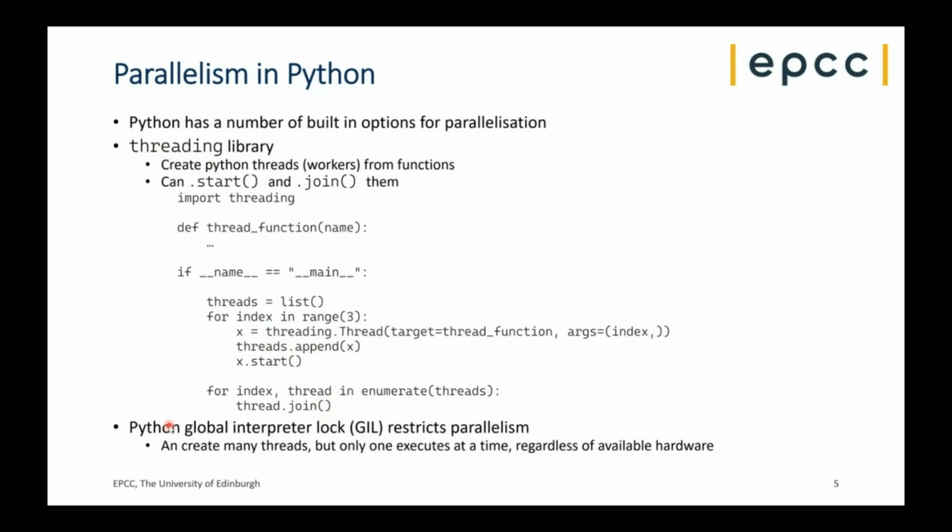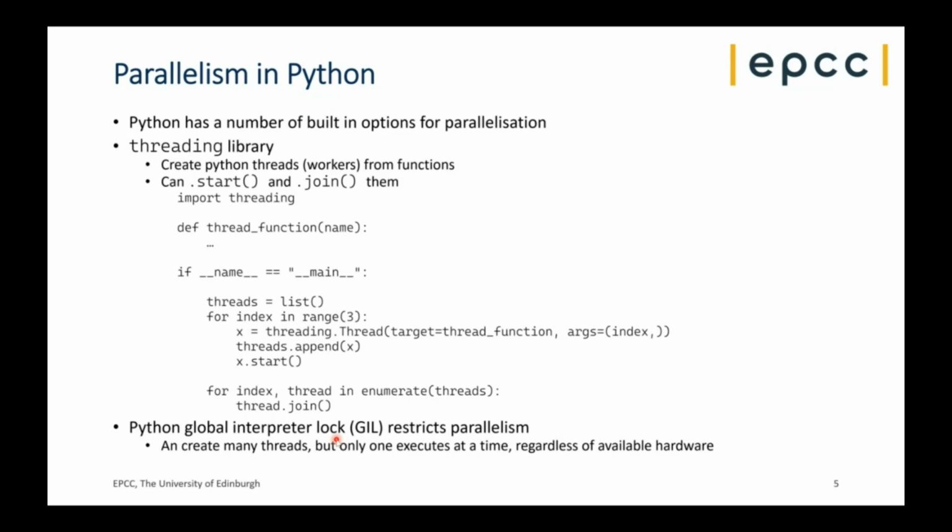Unfortunately, the way Python is designed, you can create many threads, many workers inside your node, but you can't actually use more than one at any one time because of something called the global interpreter lock, or the GIL, and that restricts parallelism. So Python lets you create mini workers, threads, but it doesn't let you exploit them to speed things up. Now, you may ask, why does Python let you do threads at all if you can only ever run one at once?